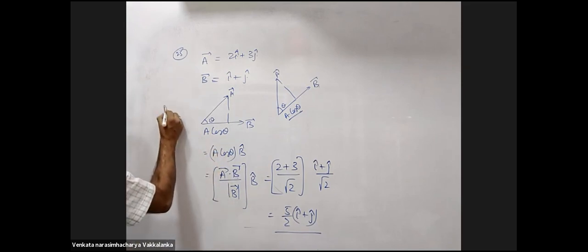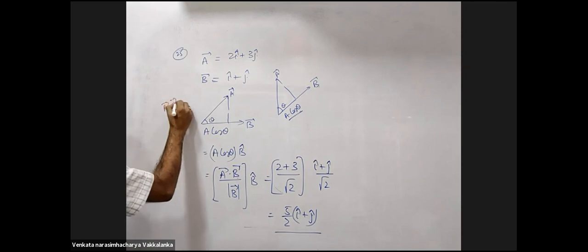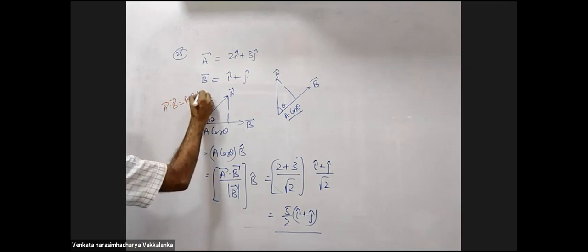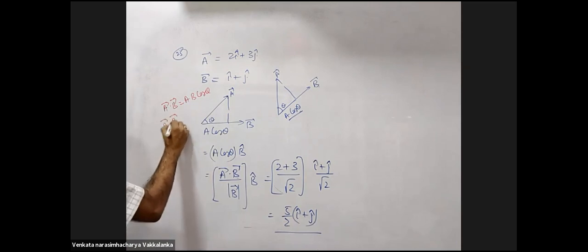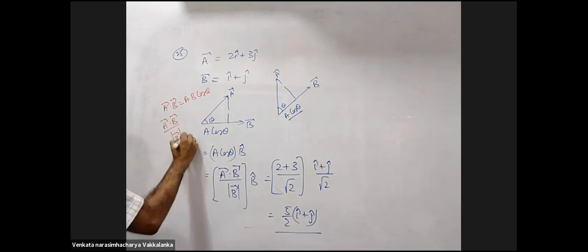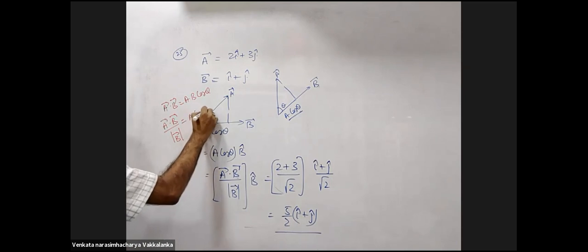Component of A along B is A cos theta. What is A cos theta? A dot B is AB cos theta. A dot B divided by the magnitude of B is A cos theta.